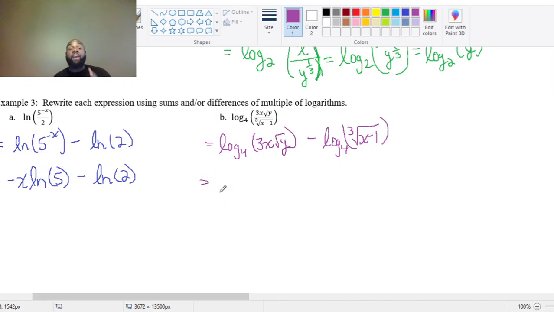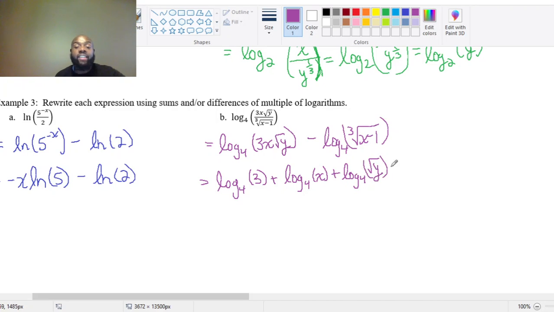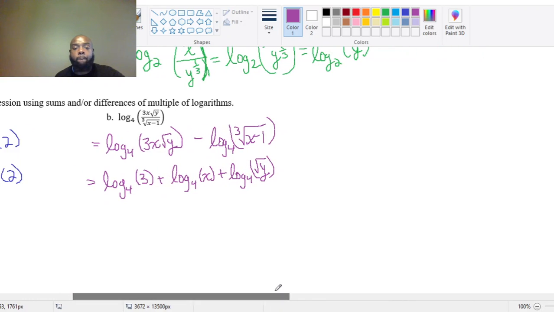So if I want to expand this completely to where there's no powers and no multiplication or division inside of my input of my logarithmic statement, then I'm going to write this as log at base 4 of 3 plus log at base 4 of x plus log at base 4 of the square root of y. And the second one here, that's just minus the log at base 4 of the cube root of x minus 1.